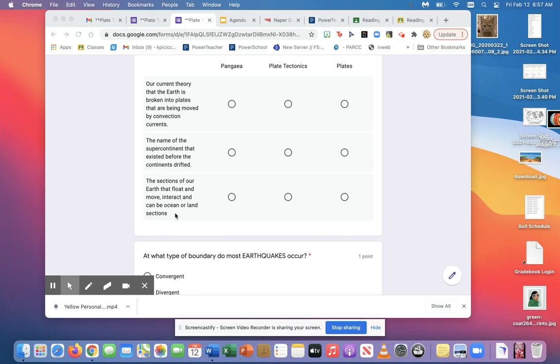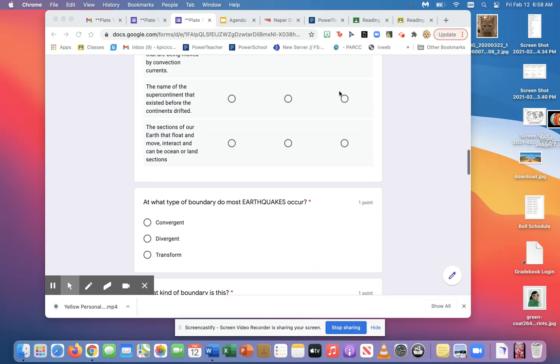So the sections that move and interact with each other, what do we call those? Is that called Pangea, plate tectonics, or plates? The sections that move and interact with each other. Okay, so again, make sure that there's a dot in each column, right?